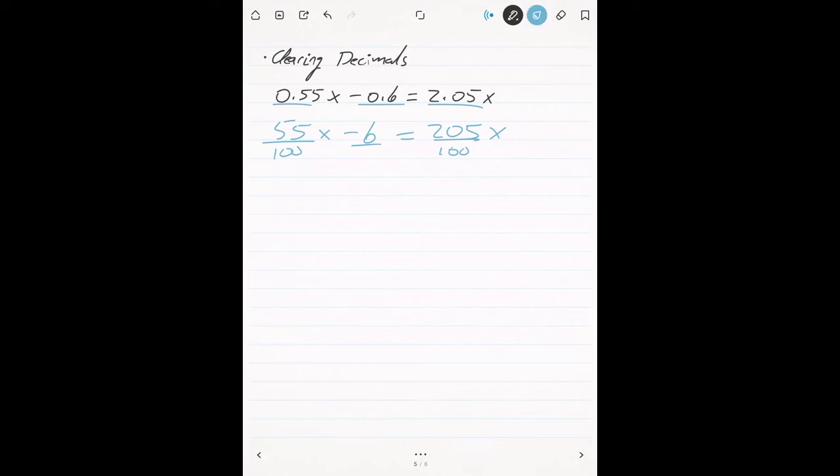So this is actually pretty simple. You have the denominators of 100 and 10. So what can we multiply both sides by? We'll multiply each thing by 100, and we should be able to cancel out all of the denominators.